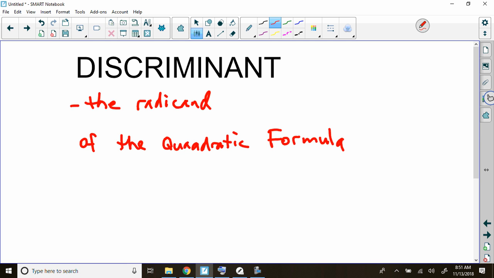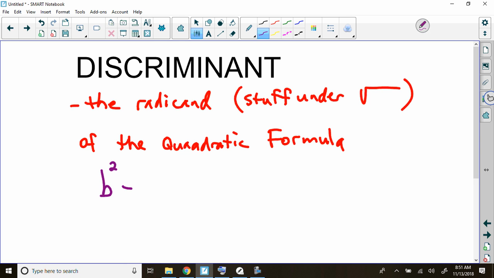So if you don't know what radicand means, it just means the stuff under the square root. That's all it is. To be as clear as I possibly can, the discriminant then is b squared minus 4ac. The discriminant is b squared minus 4ac. That's what the primary focus of today's lesson is.